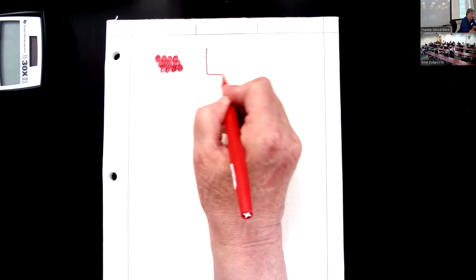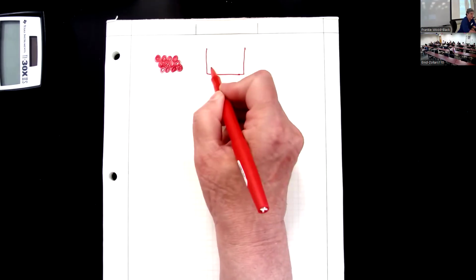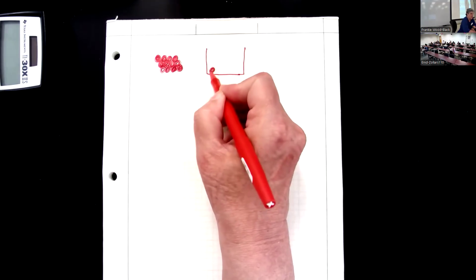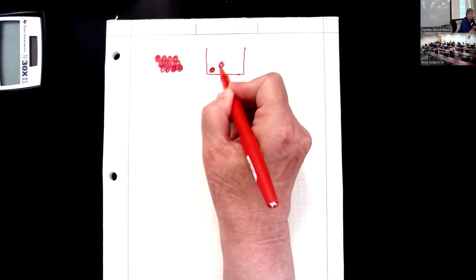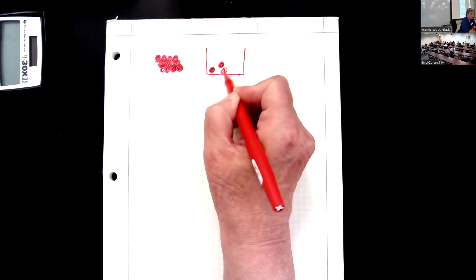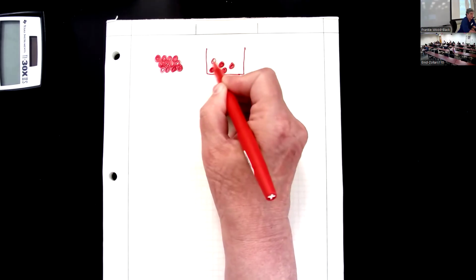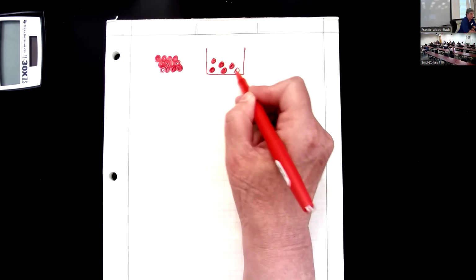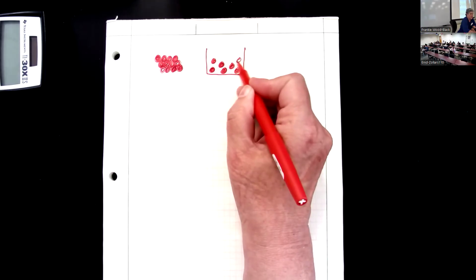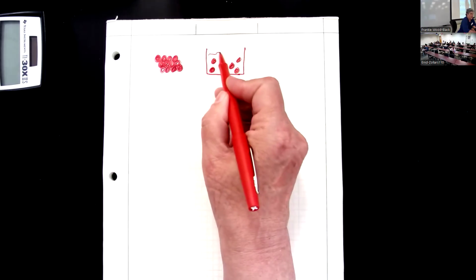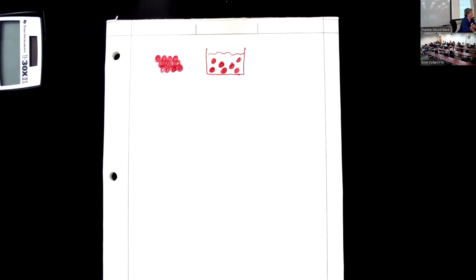Liquids are a little different. They've got to have a container. They're going to be a little more random in their filling of their container. There's going to be a little bit more space in here, but it's going to have a defined interface. So when I put water into a beaker, we know that that's a liquid.